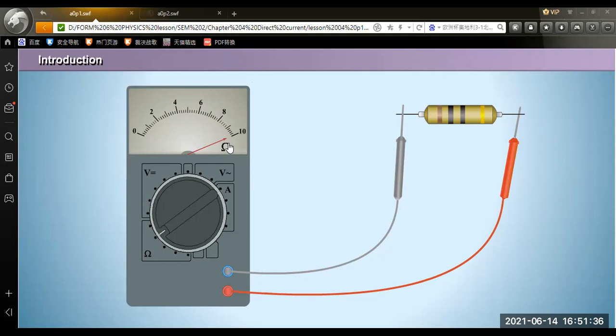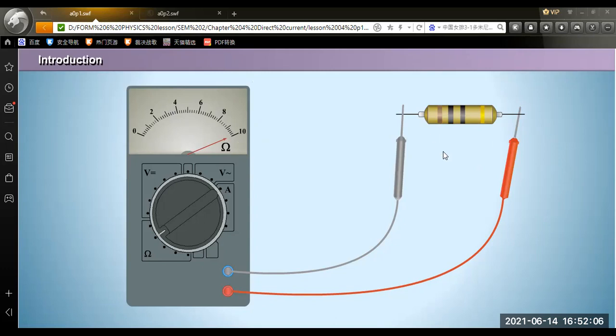Ladies and gentlemen, does the multimeter show the exact reading of the resistance? The answer is no. This maximum is the maximum reading that can be shown by the multimeter.